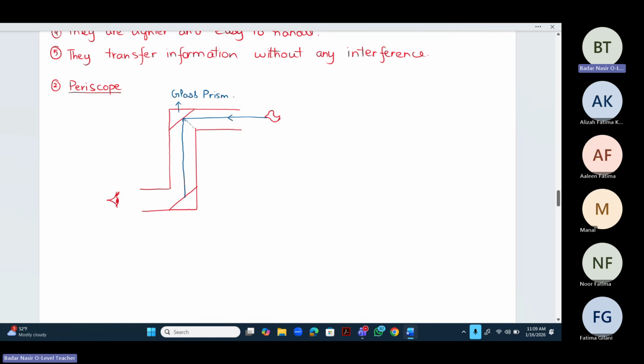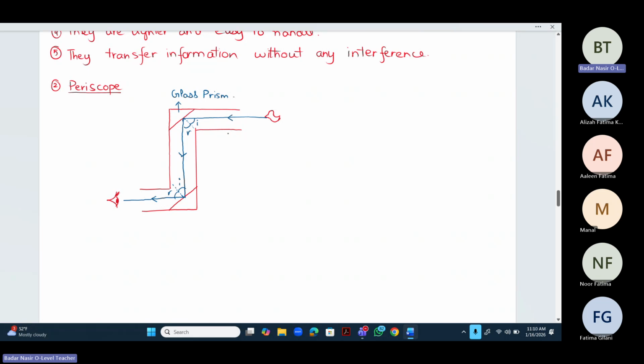When this light ray is incident on this glass prism, keeping in mind the angle of incidence and the angle of reflection should be equal, the light ray gets reflected, and when it again reaches this glass prism, again the angle of incidence and the angle of reflection will be equal. So the light ray gets reflected and then it reaches the person. And this is how the person is able to observe the object.